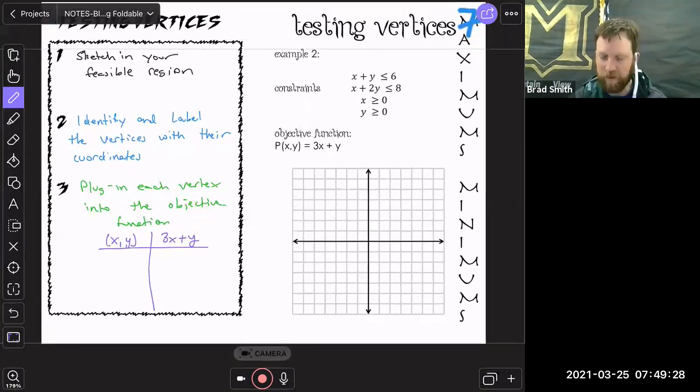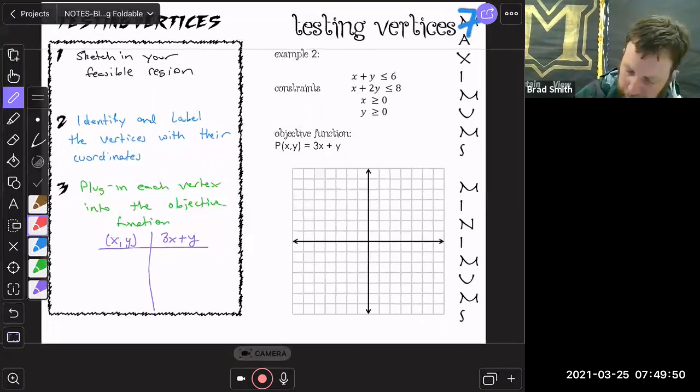This is nice. All right, so my constraints here, we're gonna walk through this one. I don't know how far we're gonna get. Still got some time. I'm gonna do this one and then the vocab on the next one, call it quits. So let's go ahead and get our constraints here. So my first one, x plus y is less than or equal to 6 is solved for y.